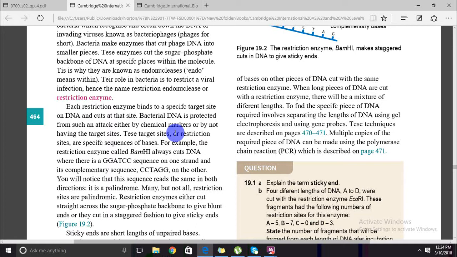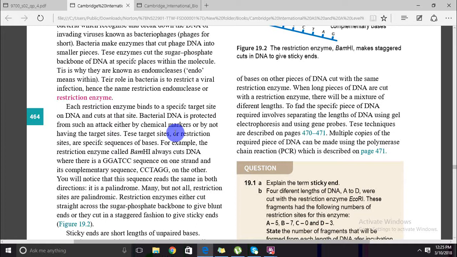So if BamHI is produced, the only target site or restriction site it has is this GGATCC sequence with the complementary sequence right in front of it. This is literally its only restriction site.